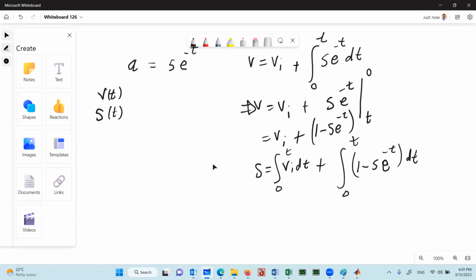So we have here vi t. Integration of the second part will end up with 5t. We have minus 5e minus t, so this becomes plus 5e minus t, from 0.